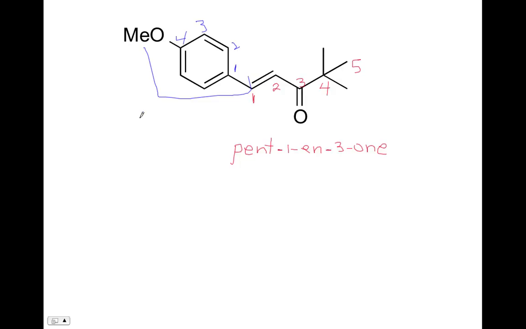So that substituent is 4-methoxyphenyl. Right. Then you also have these groups here. So that's actually a 4,4-dimethyl.